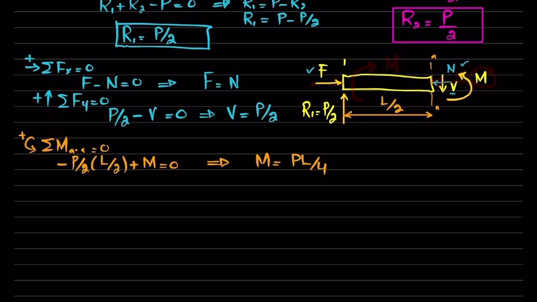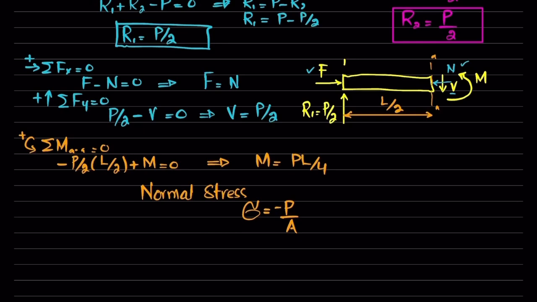So your normal stress, sigma, will be the combination of axial load, which is P by A. In this case it is F, so I will write the general formula.